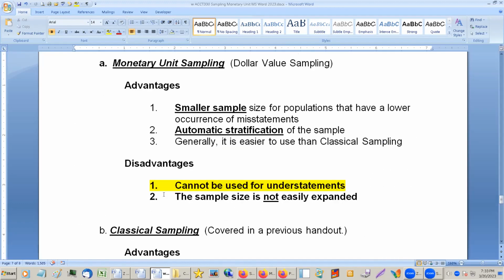So basically you have your choice between classical sampling and monetary units, and there are advantages to each of them. How about this? Let's say this is your client, the first year you're doing the audit, and you're not exactly sure whether there's more of a risk of an overstatement, where they try to make themselves look better, or an understatement, where they try to make themselves look worse, maybe to save on taxes.